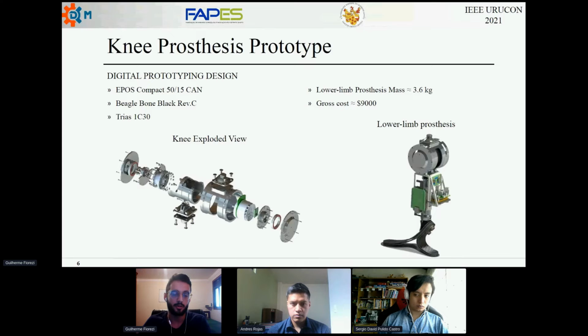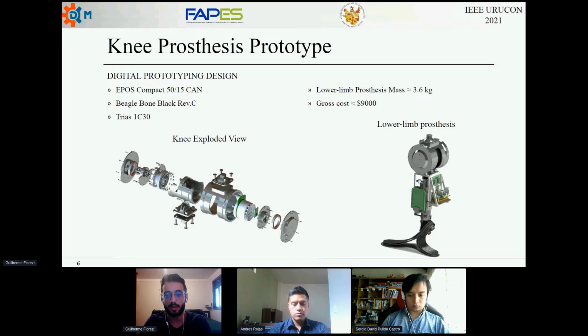For the control part of the system, an Apple's compact 50/15 powers the C60 flat motor that I talked about, that 200 watts motor, and the core control architecture is made in the BeagleBone Black Rev C that runs a MATLAB kernel, and the control algorithms are implemented in Simulink.